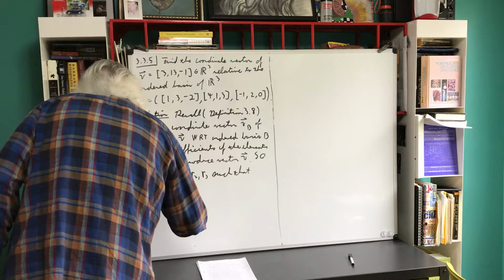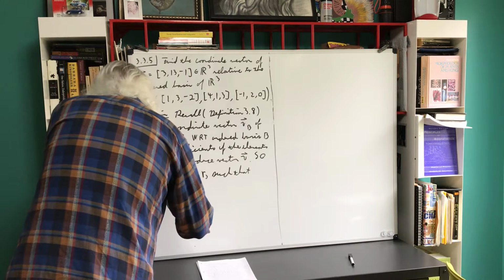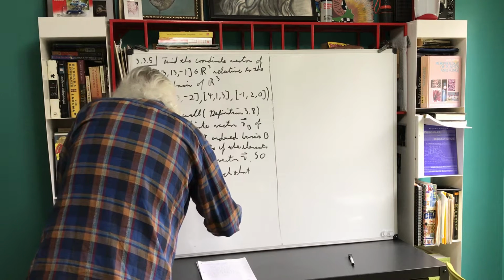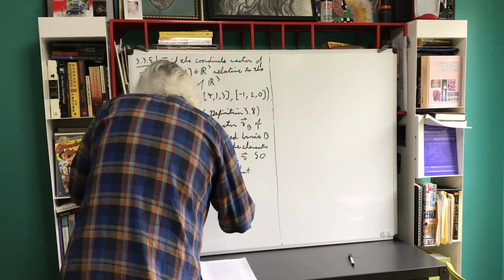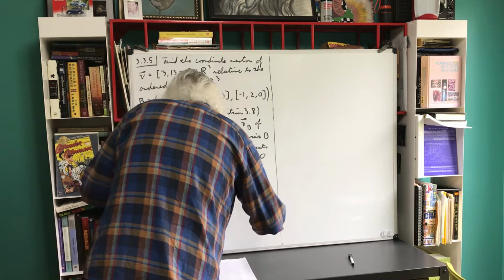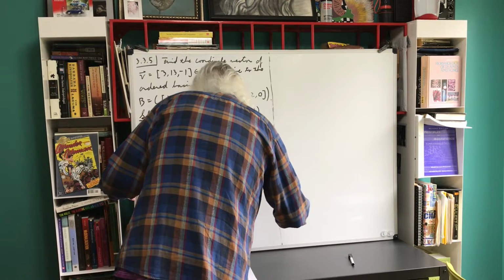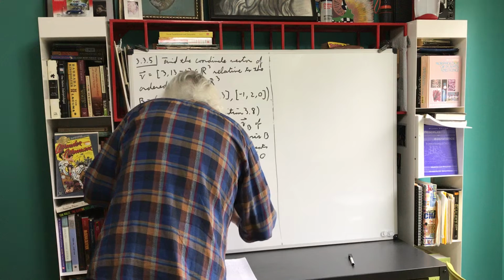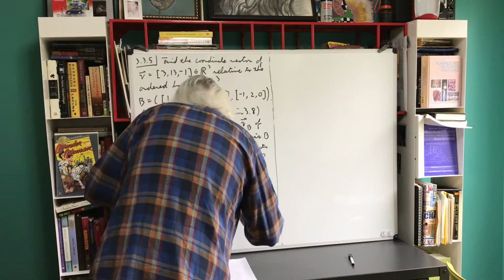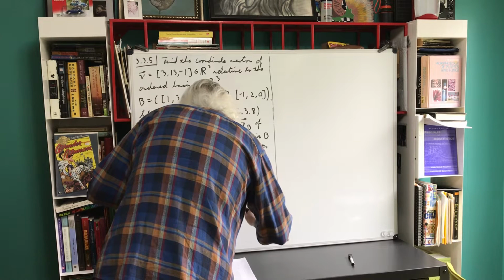So we need R1 times the first basis vector, 1, 3, negative 2, plus R2 times the second basis vector, 4, 1, 3, plus R3 times the third basis vector, negative 1, 2, 0, and we need to get out vector v, 3, 13, negative 1.